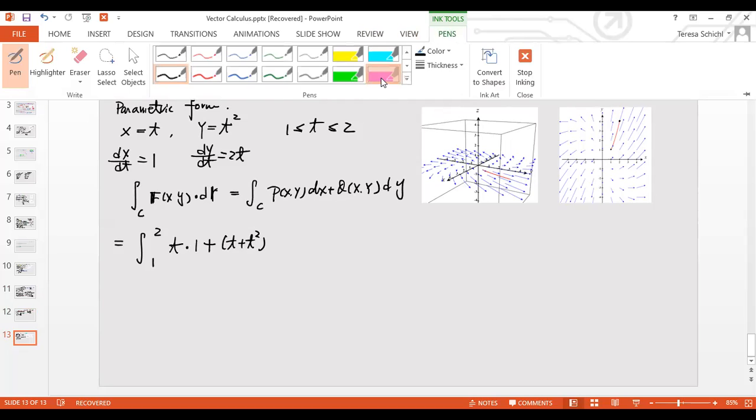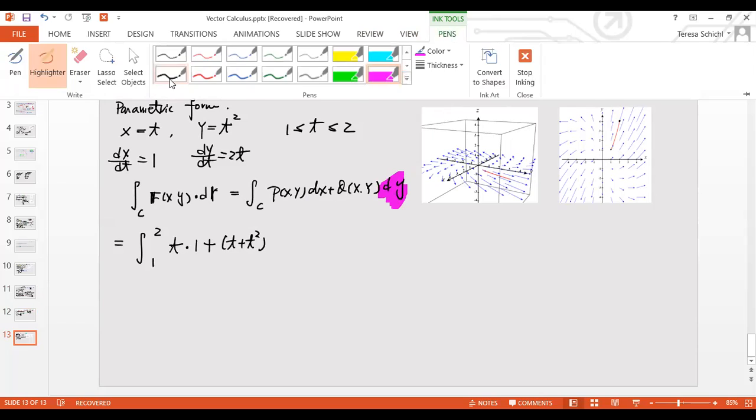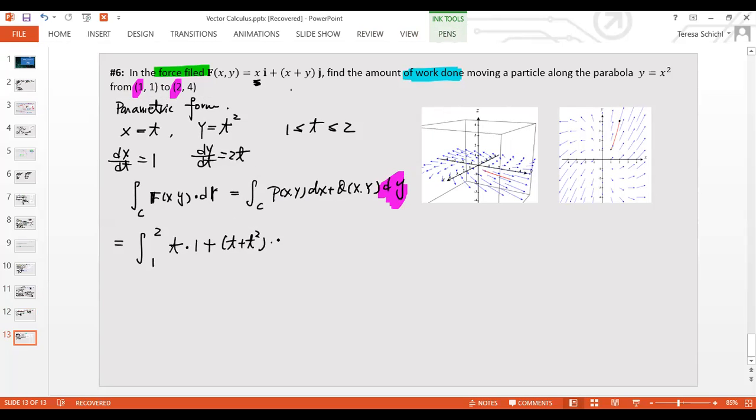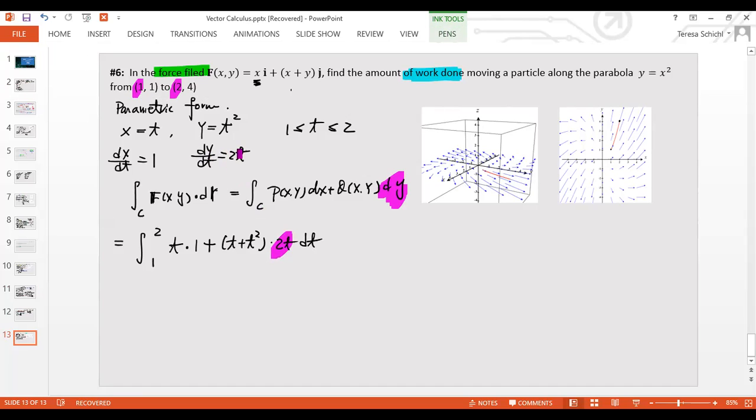Be careful here. What is this one? It's dy, so I need to multiply by 2t dt. Be very careful, you need to match these.